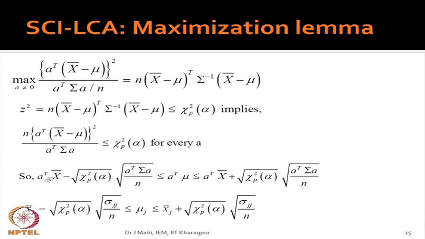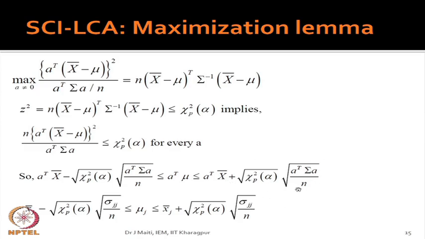You see this one: A transpose x bar minus chi square of this, square-rooted, into this variability component, then A transpose mu less than or equal to A transpose x bar plus the same thing.